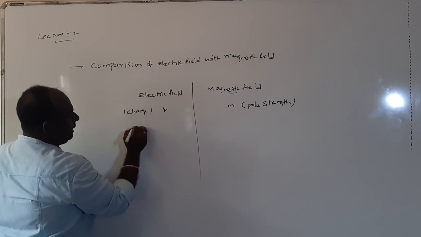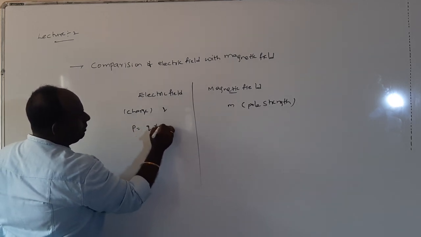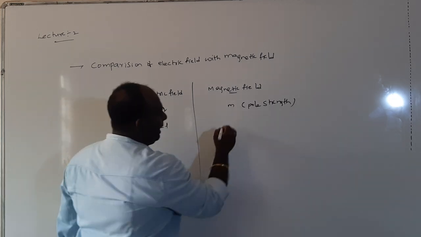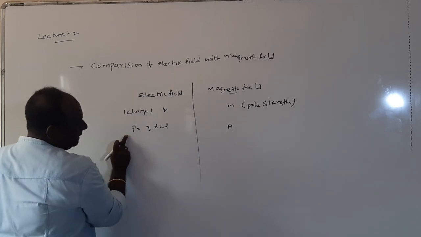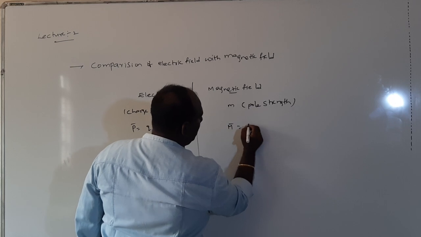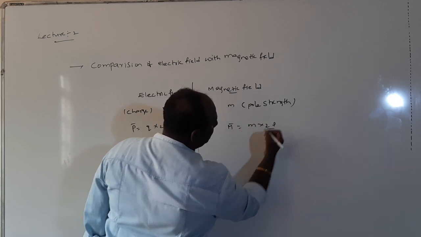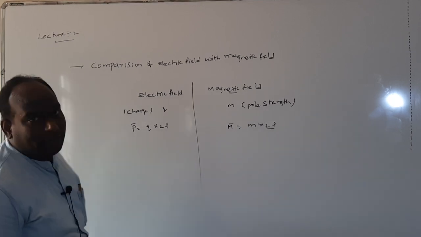Dipole moment, here p, p equal to q into 2L. Here magnetic moment m, this p indicates the electric dipole moment, or we can write p bar, m bar equal to m into 2L. Here 2L is the magnetic length, here 2L is the electric dipole length.